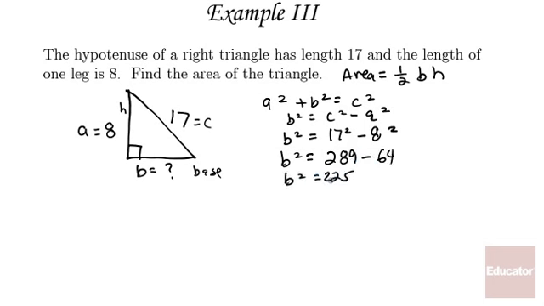Okay, now don't forget what they're asking me is to find the area of the triangle, so I'm not done yet, but I did find that b equals 15. Now that I know that b equals 15, I can go ahead and solve for the area. The area equals 1/2 the base times the height, so that's going to be 1/2 times 15 times 8.